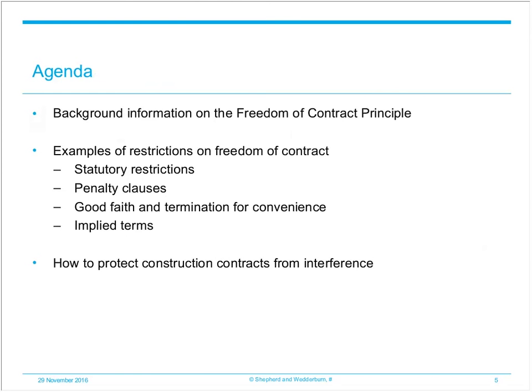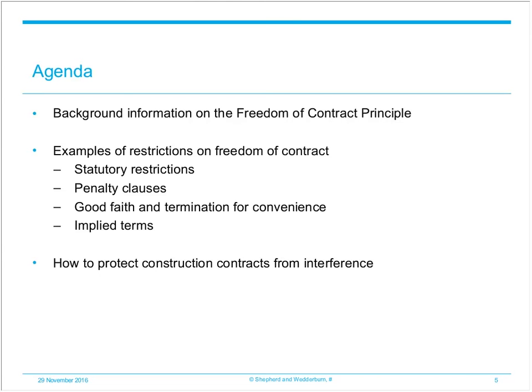We will refer to the Unfair Contract Terms Act 1977, and we'll examine the case of Commercial Management against Mitchell Design and Construct Limited as an example of how UCTA, the Unfair Contract Terms Act, applies to construction contracts in practice. Secondly, we will look at penalty clauses and how construction contracts should be drafted to avoid leaving liquidated damages clauses vulnerable and potentially treated as penal and therefore unenforceable.